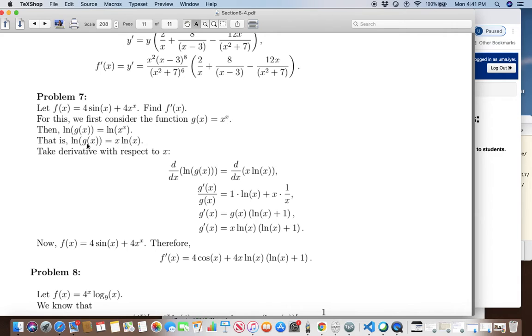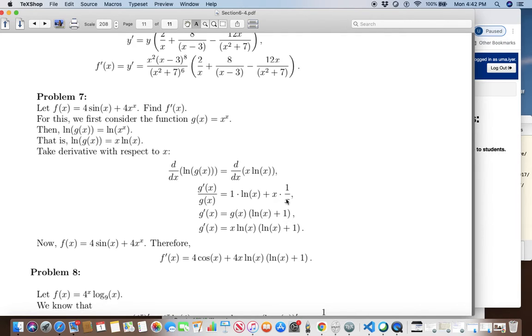Now you're ready to take the derivative of both sides. Derivative with respect to x of natural log of g(x) equals derivative with respect to x of x natural log x. Its derivative is 1 over g(x) times g prime of x, equals, by the product rule, 1 times natural log x plus x times 1 by x.